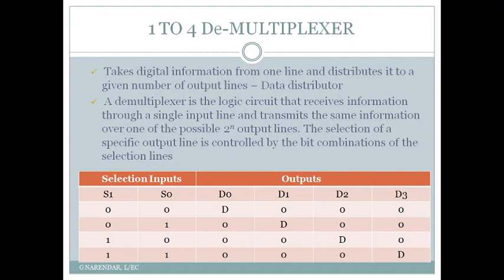Next we defined what a demultiplexer is: a circuit which receives information through a single input line and transmits the same information over one of the possible 2 to the power n output lines. We have also seen that the demultiplexer is called a data distributor, and after that we have seen one particular demultiplexer called the 1 to 4 demultiplexer.